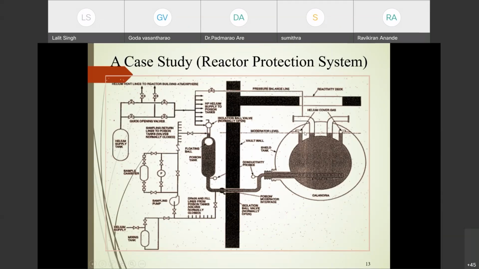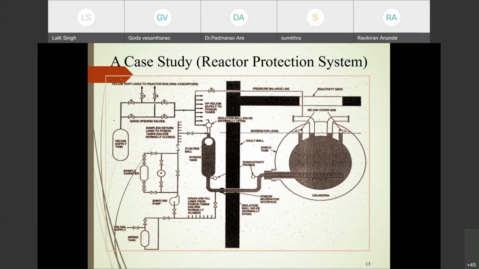In this figure, on the right hand side, there is a spherical structure known as the calandria, where the fission chain reaction is taking place.